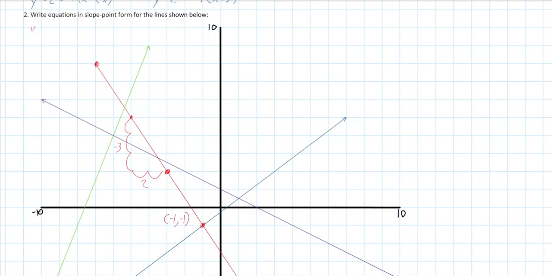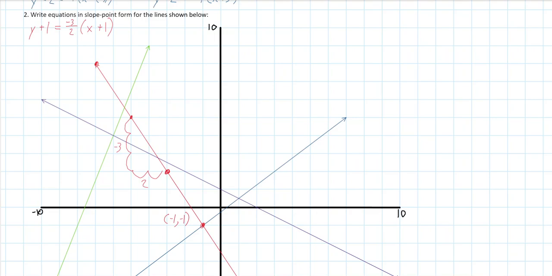So I'm going to write y plus 1 equals negative 3 over 2 bracket x plus 1. Now you could use any one of the points on the line. I just happen to choose that one. I usually will choose the number closest to the origin when I'm doing this.